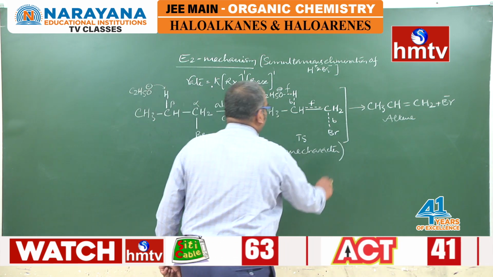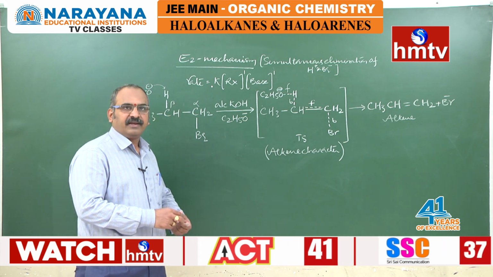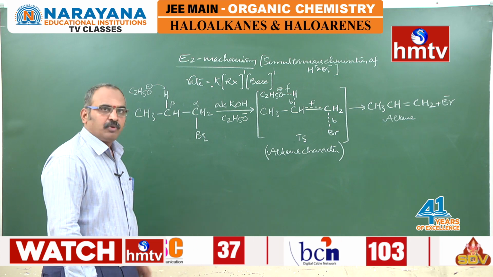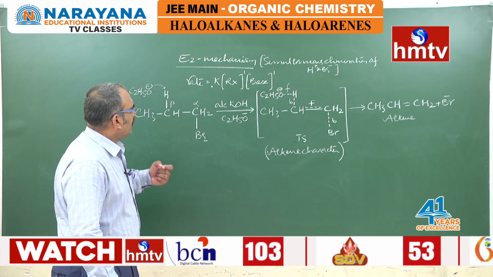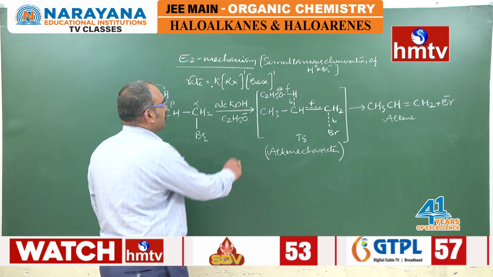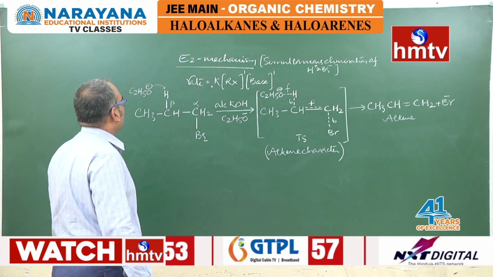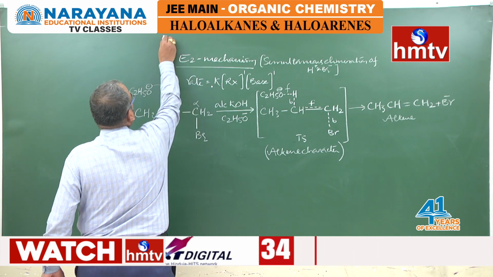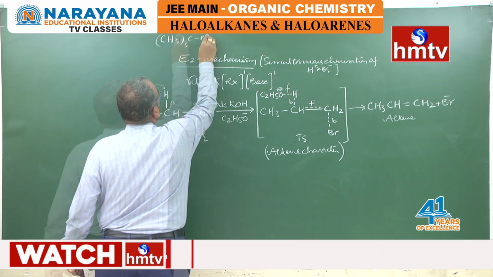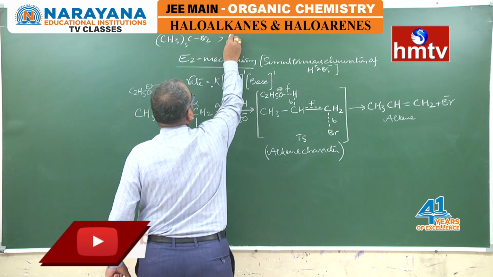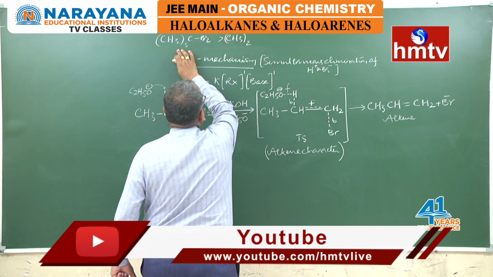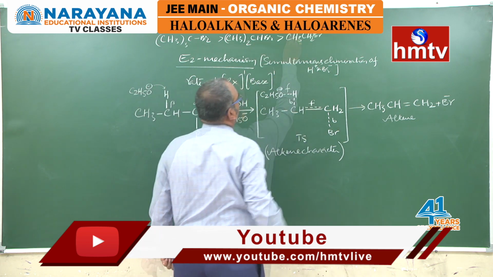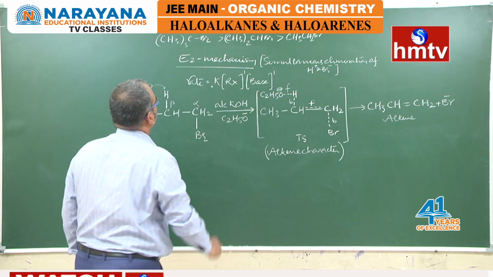So now we can say that any alkyl halide which has the tendency to form a more stable alkene is a more preferable substrate for the E2 mechanism. So that's why I can say that tertiary alkyl halide is a better substrate than isopropyl. This is tertiary butyl bromide, this is isopropyl bromide, then ethyl bromide are suitable substrates.